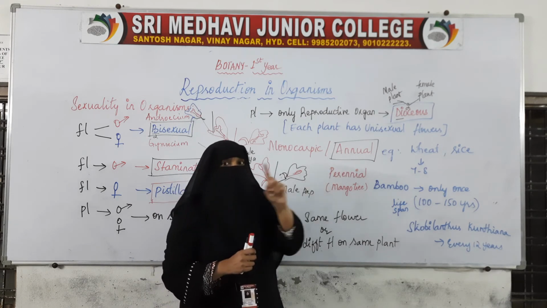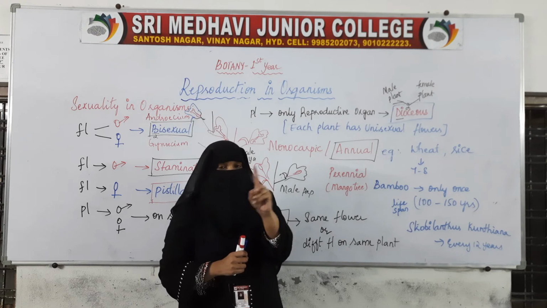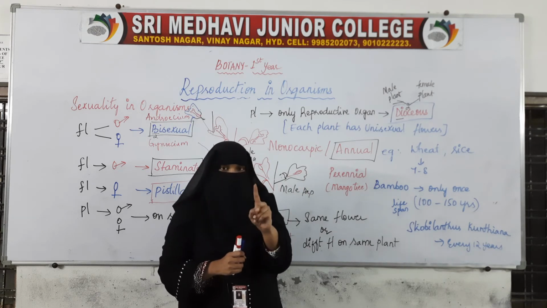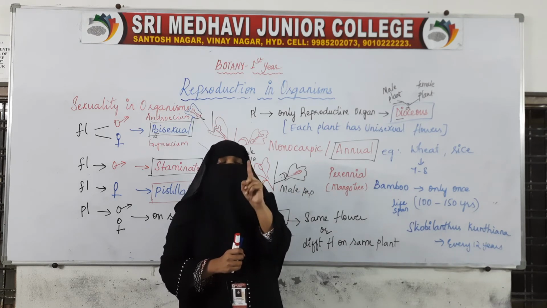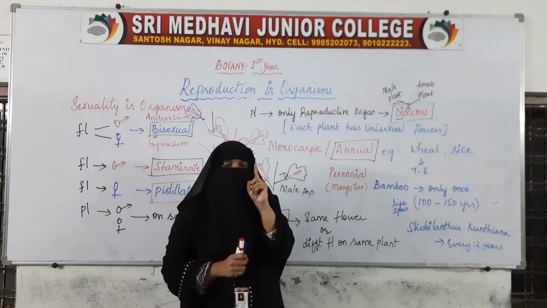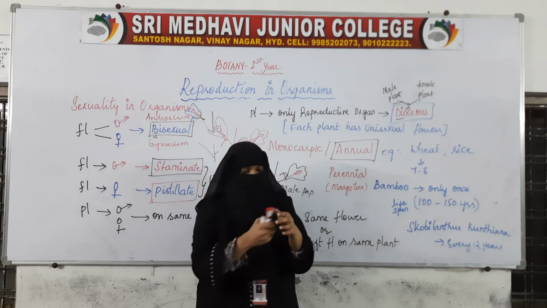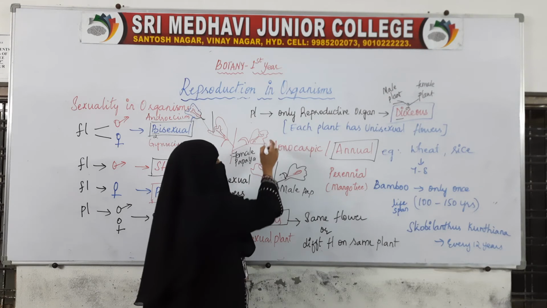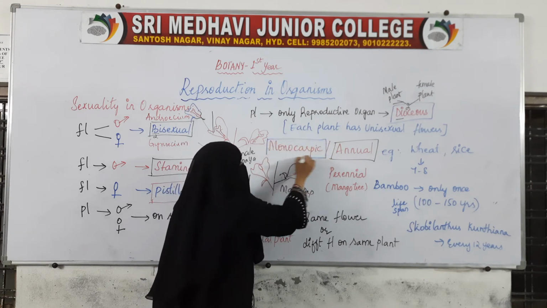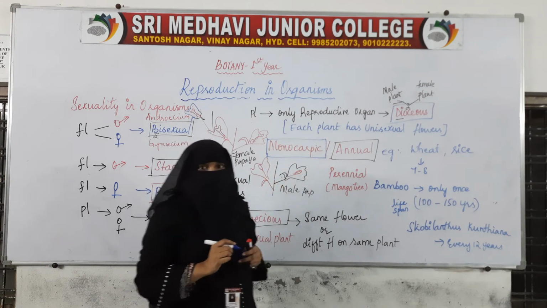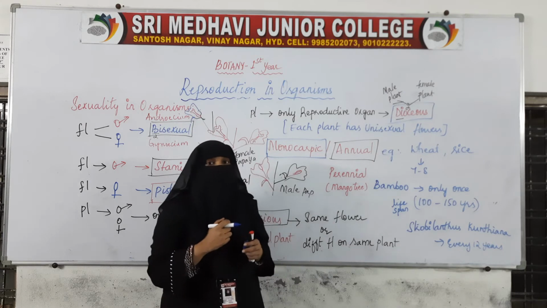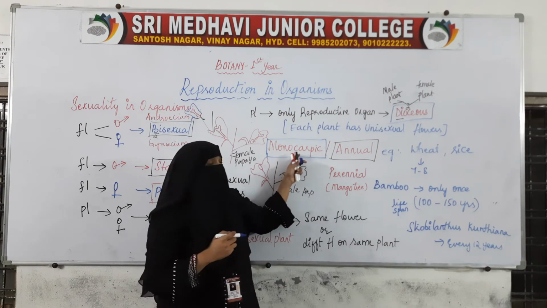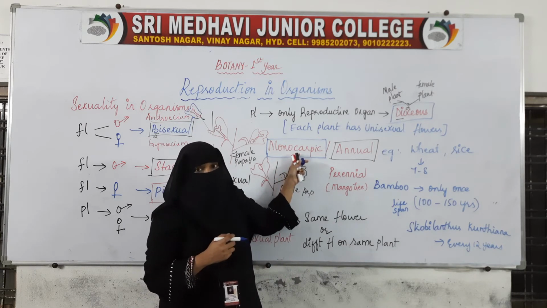Annual plants, and the flowering is only once. They live only for 1 year, and in that 1 year they reproduce only once. That is, they produce flowers only one time. Such plants where the flowers are produced only one time are called monocarpic plants.